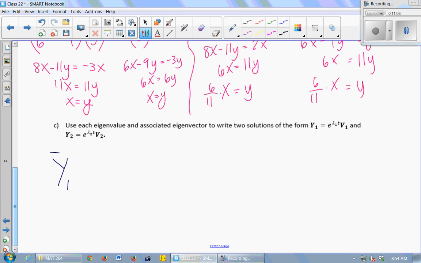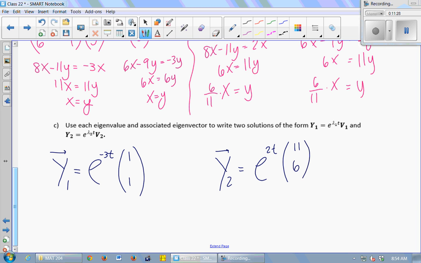So y1 is going to be e to the lambda 1, which was negative 3t, times the vector v1, which was 1, 1. And y2 is e to the 2t, my other lambda value, times its eigenvector, which was 11, 6.